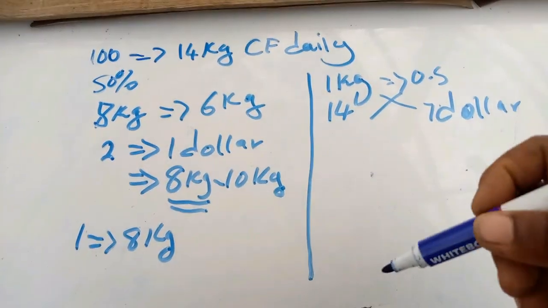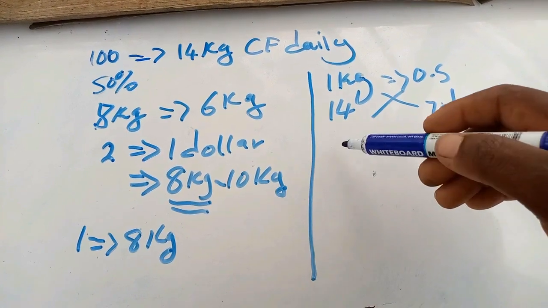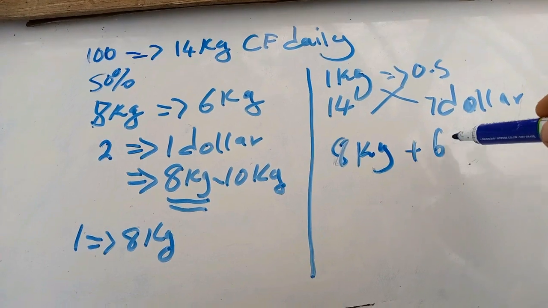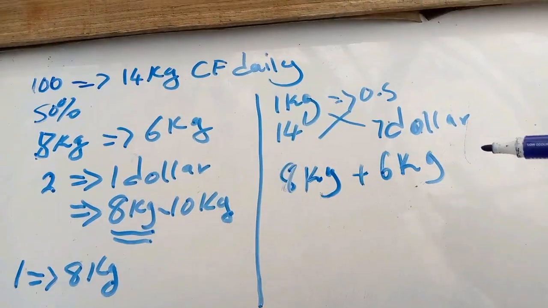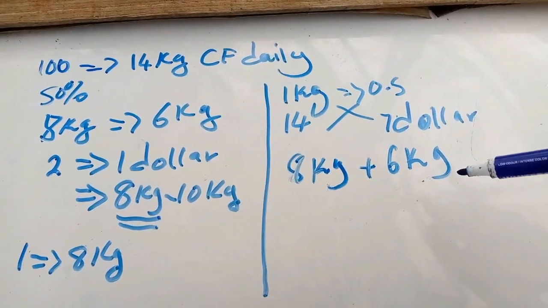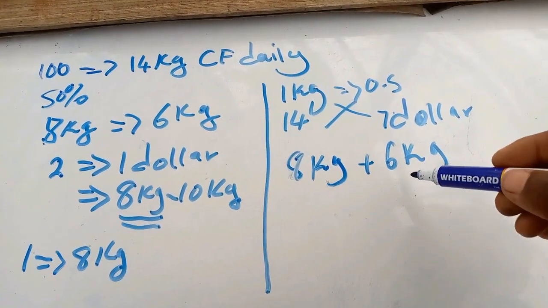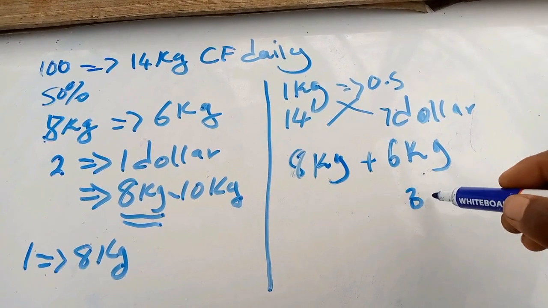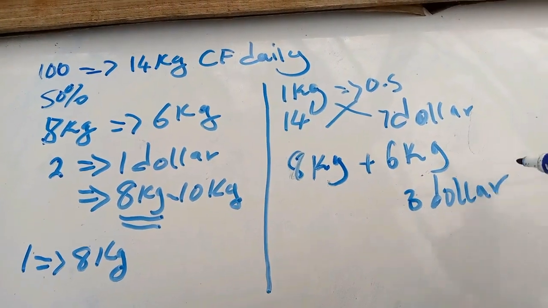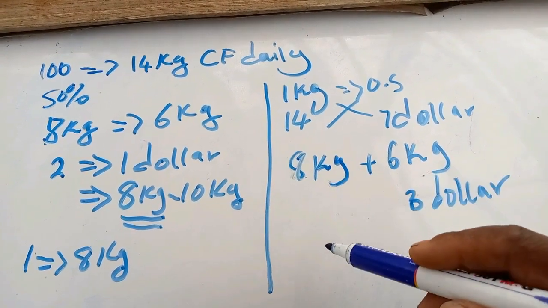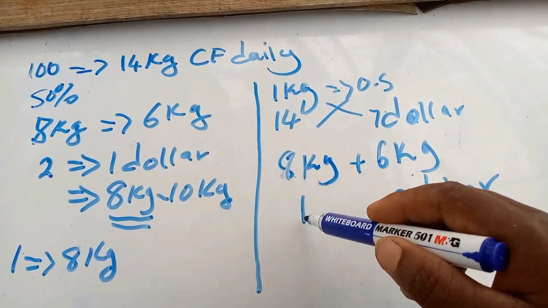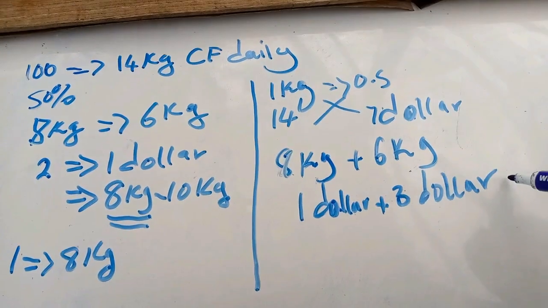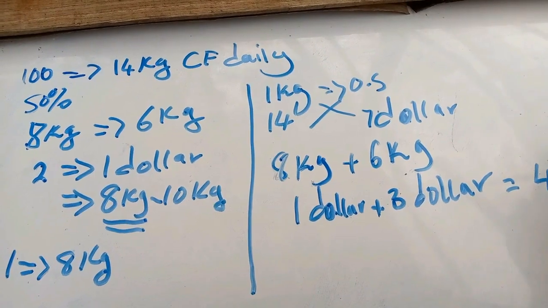Now adding hydroponic fodder, 8 kg hydroponic fodder plus 6 kg commercial feed: 6 kg commercial feed will give us $3, 8 kg of fodder will give us $1. Adding the two, we are getting $4.